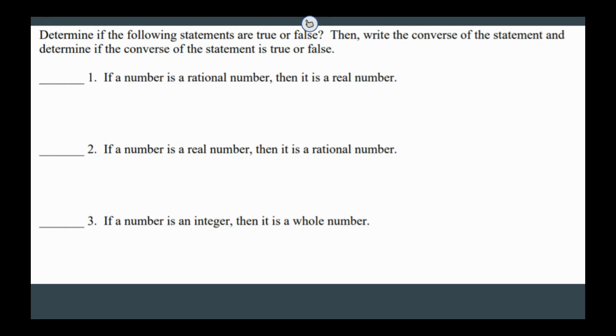So if a number is a rational number, then it is a real number. Is that true or is that false? It's true. I agree.